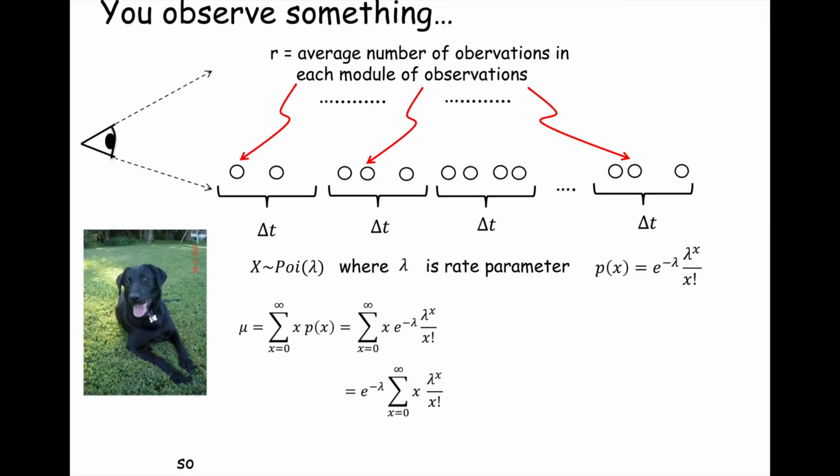We then cancel that x in the numerator with that x in the denominator, that goes to 1, and we're left with lambda to the x power upon x minus 1 quantity factorial. Any questions about this? Does that make sense?